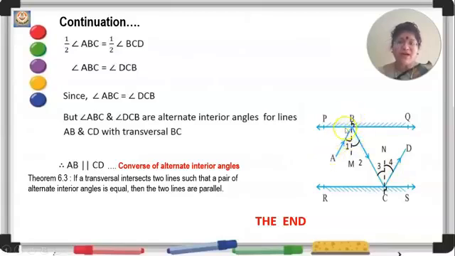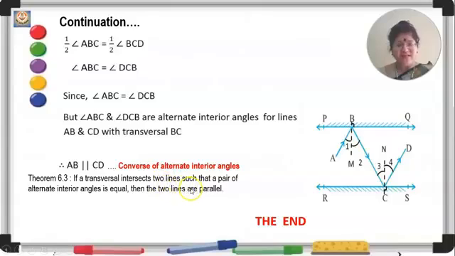Therefore, what happens to line AB and this line CD? Won't they be parallel? Why would they be parallel? You have learned a theorem in the earlier video lessons. If a transversal intersects two lines, so isn't BC a transversal? Isn't it intersecting line AB and line CD?